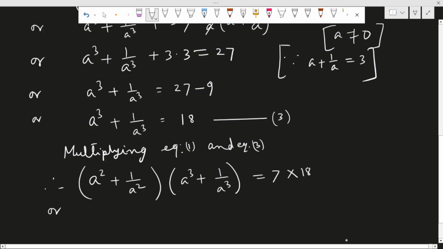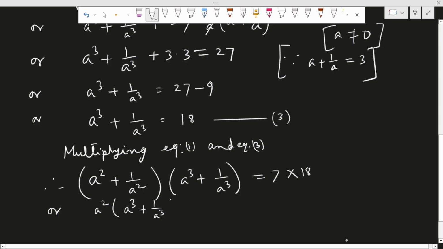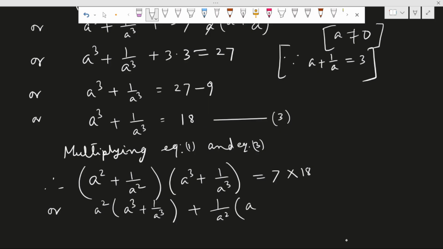Now multiply this: a square into a cube, that means the first term of the first factor multiplied by the second factor. Similarly, the second term of the first factor multiplied by the second factor.